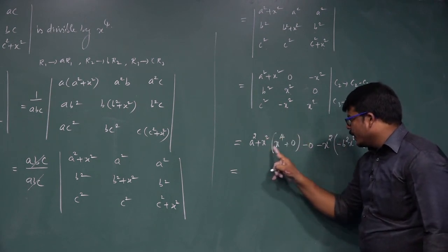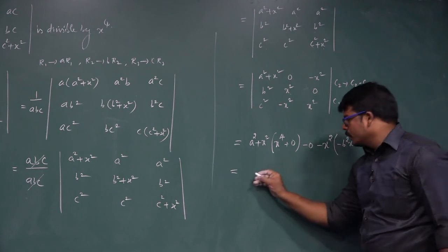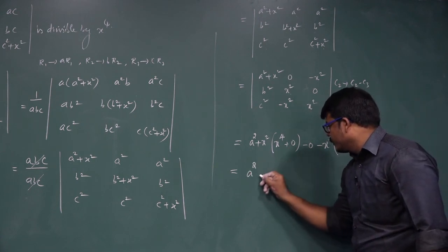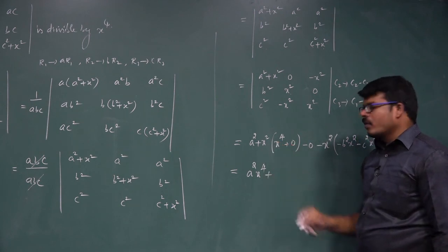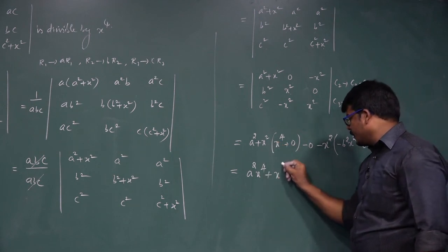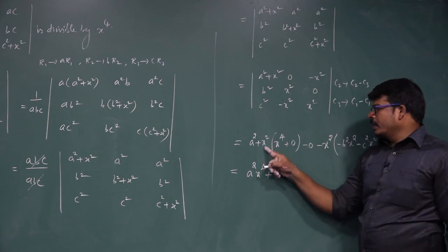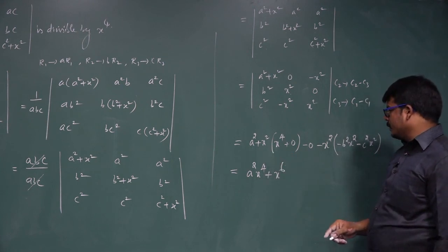First, a square into x power 4 is a square x power 4, plus x power 4 into x square is x power 6. Next, 0 times anything is 0.